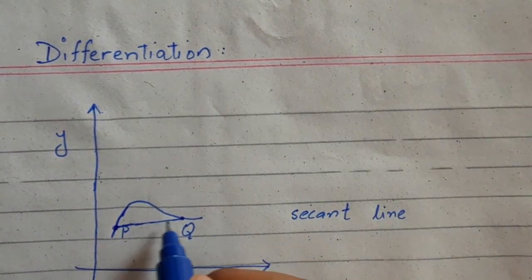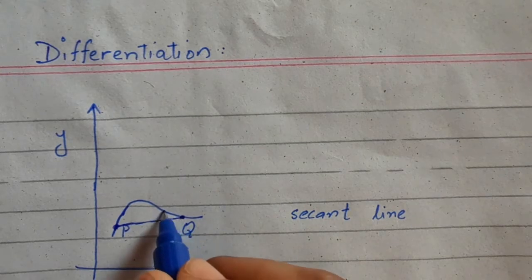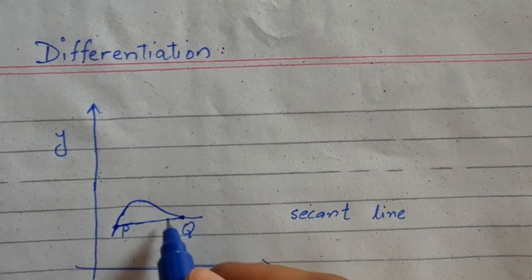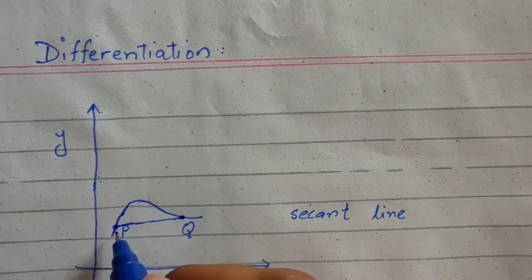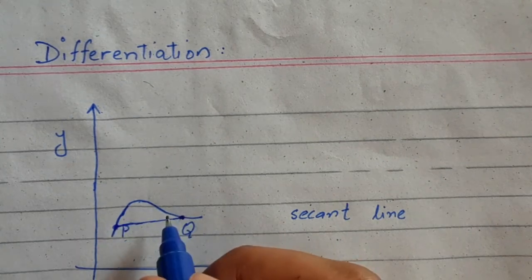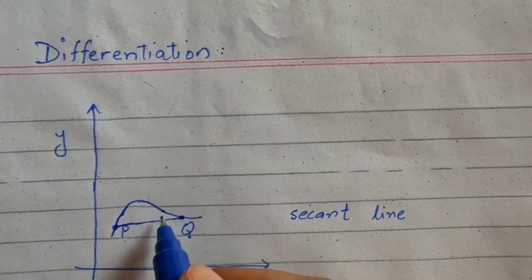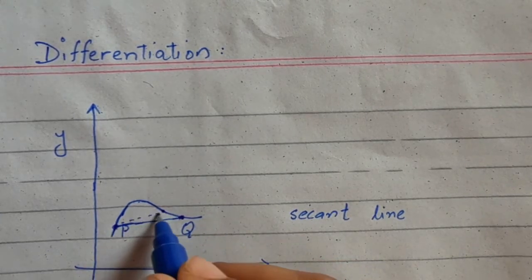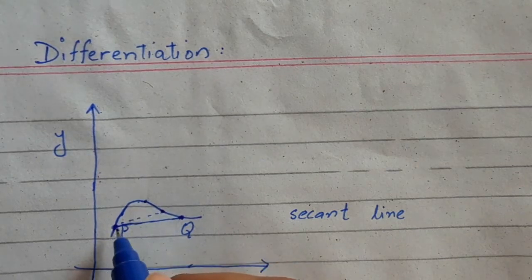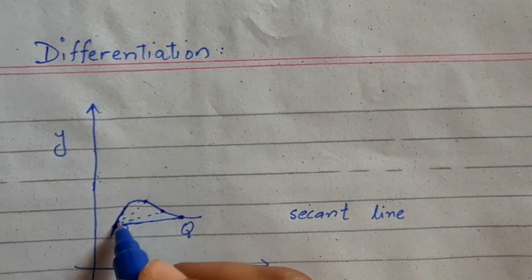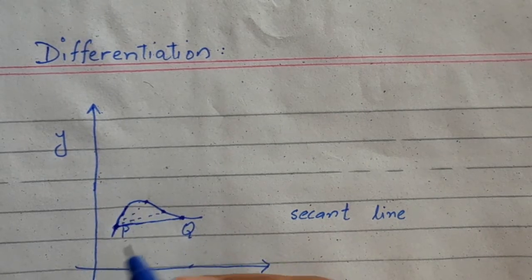You may see that if I move this point Q towards point P along the curve, then the secant line is rotating, isn't it? See, if my point Q comes here, the secant line becomes like this. If my point Q comes here, the secant line is like this, and so on, right?